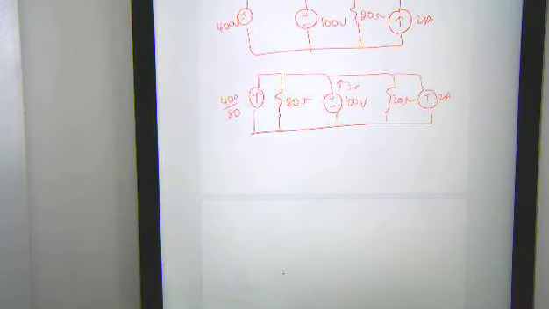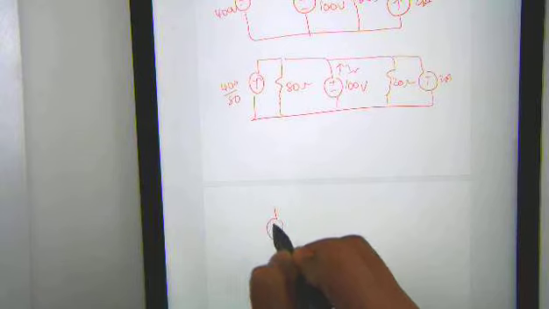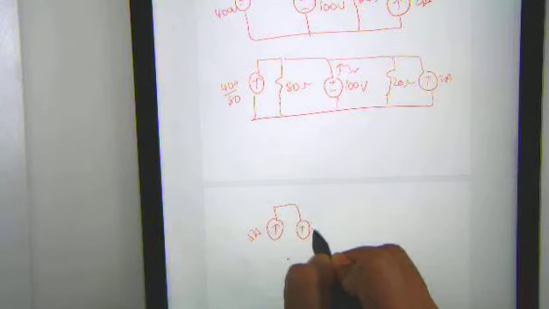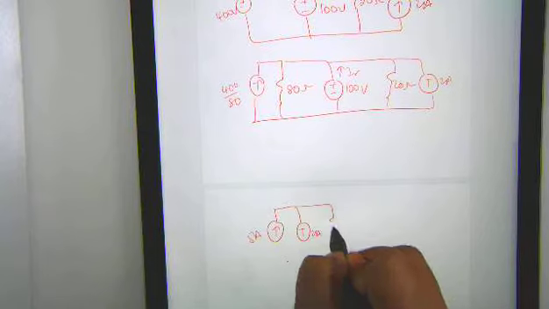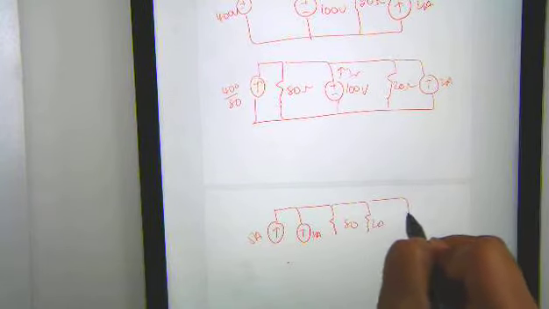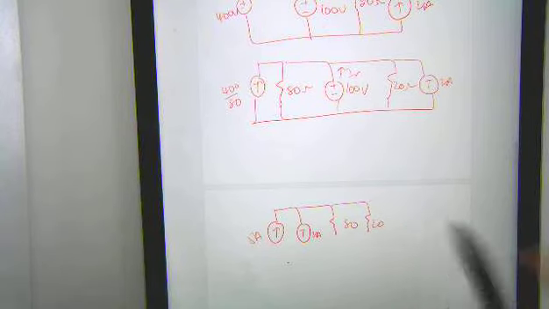So can I shuffle the elements? If I shuffle, they still exist between the same nodes, so it's not going to make any difference. So I'm going to pull all the current sources to one side, 5 amperes, 2 ampere, 80 ohms, 20 ohms, sorry, this is the 100 volts.